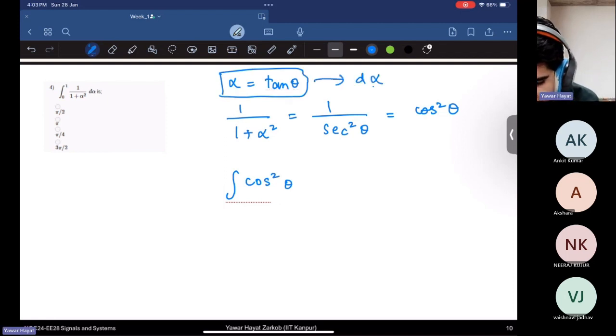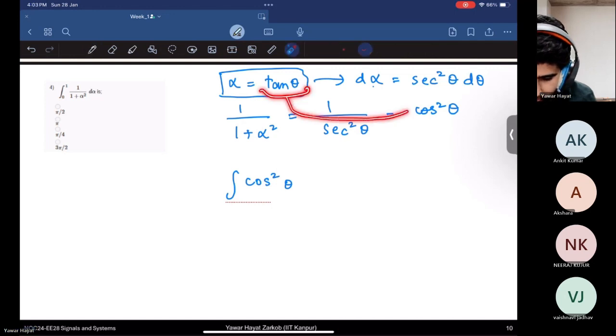But this was my substitution, right? So what is the differentiation of tan theta? Differentiation of tan theta is sec square theta.